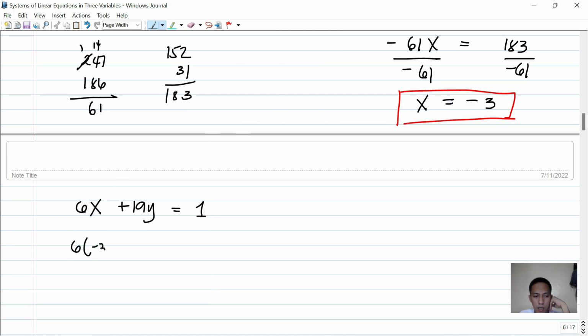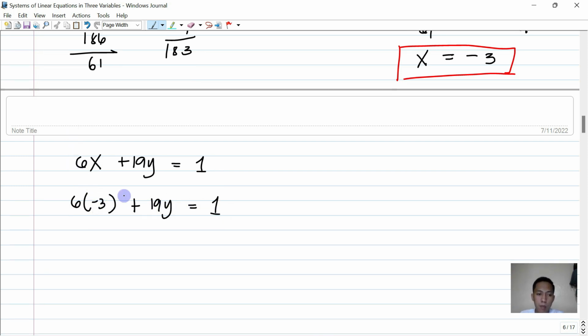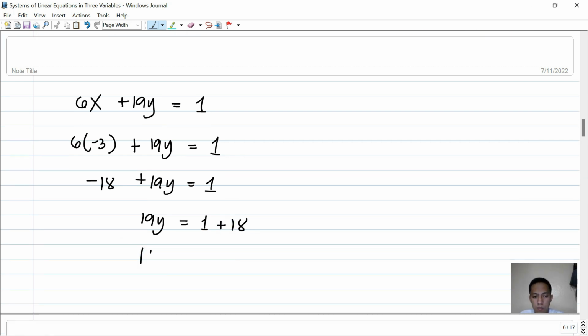So 6 times negative 3, negative 18 plus 19y equals 1. So add tayo ng 18 both sides. This becomes 19y equals 1 plus 18, so 19y equals 19. Divide both sides by 19. Therefore, y is equal to 1.